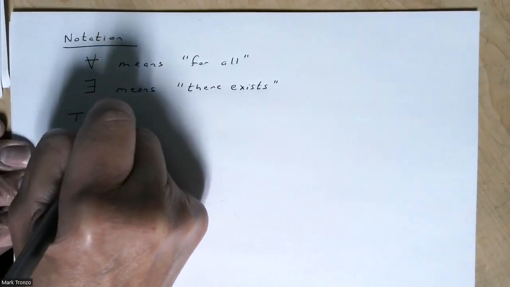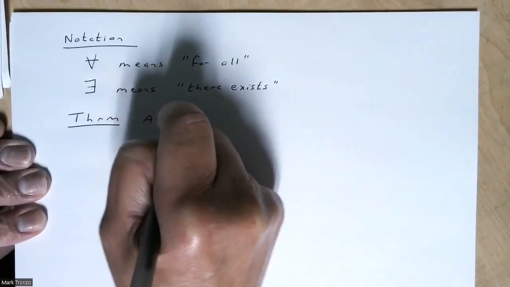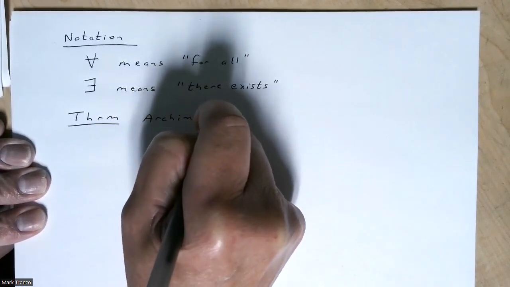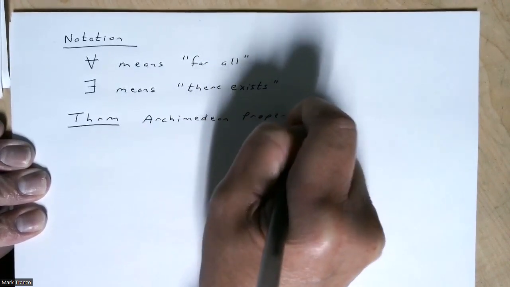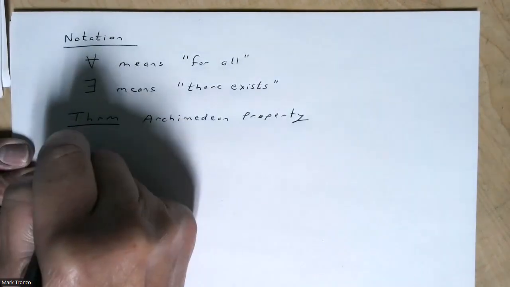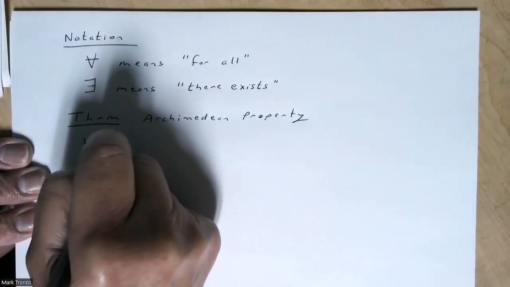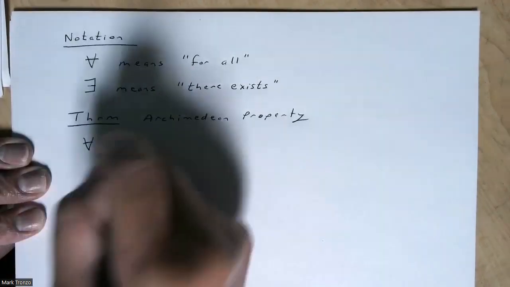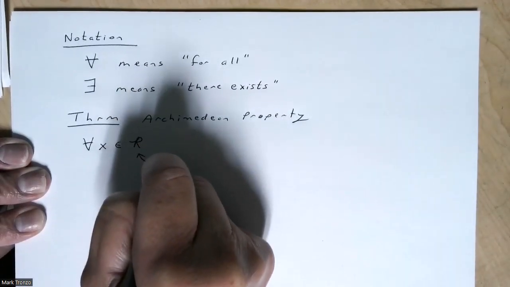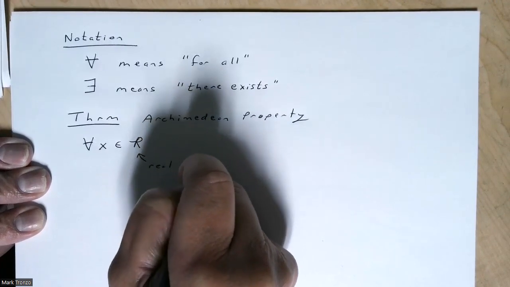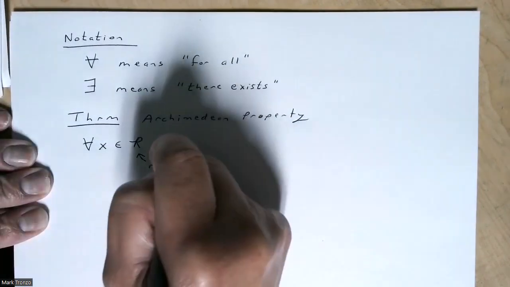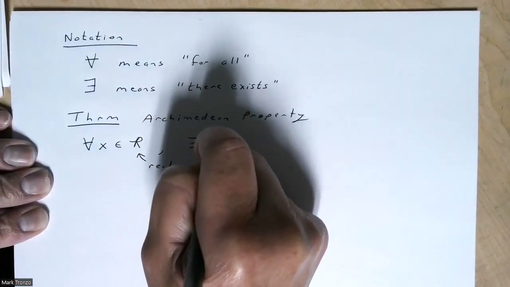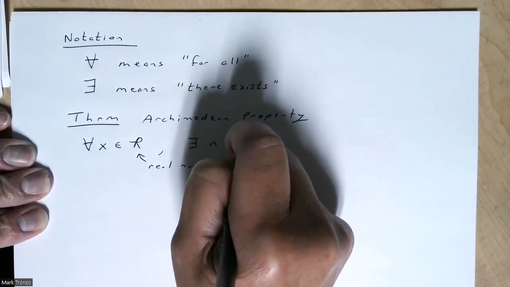And also, there's an important theorem that comes up a lot when we're doing proofs. It's called the Archimedean property. And it says for all x in R, and again, R is the real numbers, there exists a natural number.